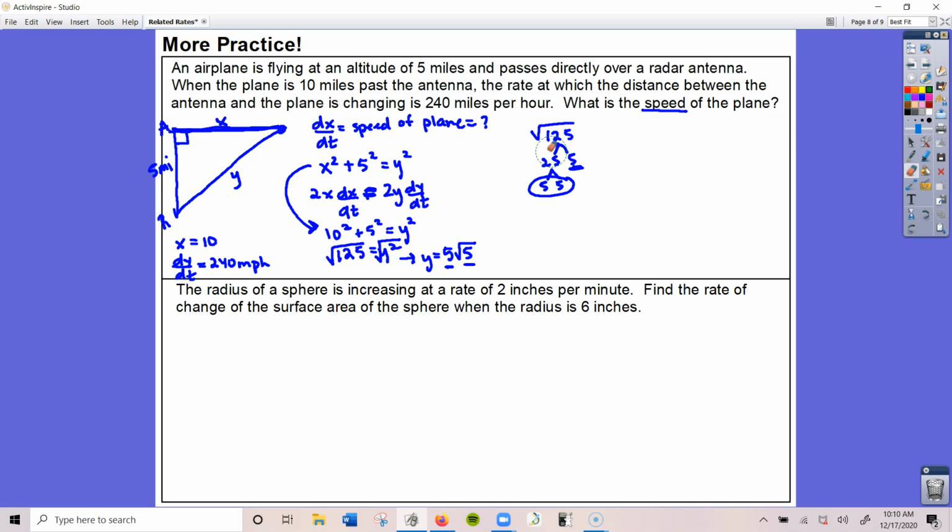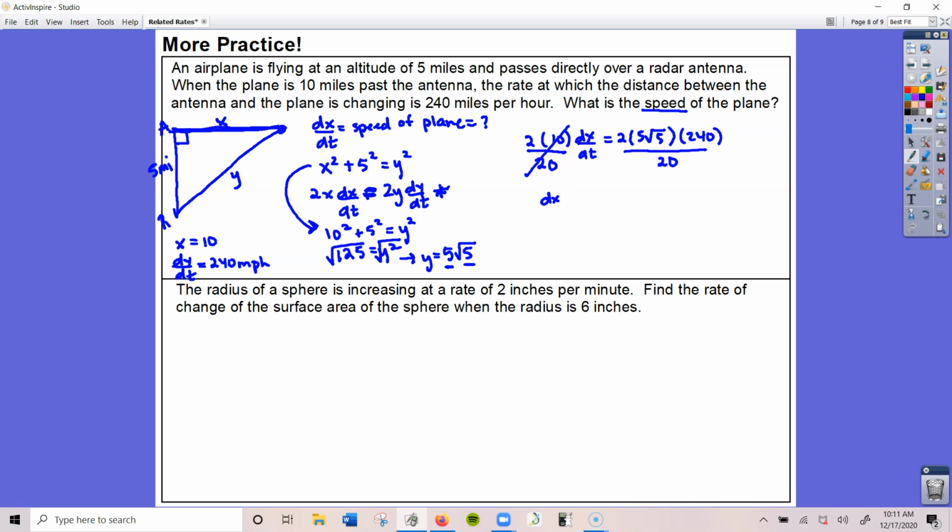So now that we have the y, we can go ahead and plug everything into my equation and solve for dx dt. So 2 times x, which is 10, because I'm going off of this, times dx dt is equal to 2y, which is 5 square root 5, times dy dt, which is 240. And now we can solve for dx dt by dividing by this 20.